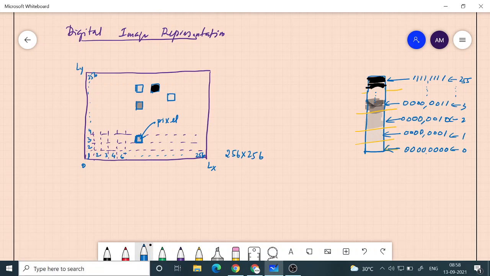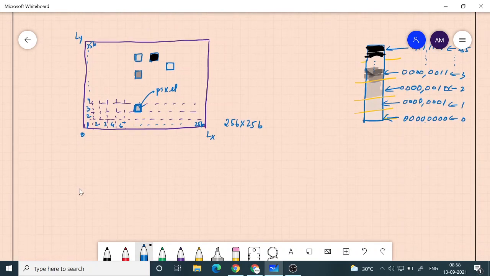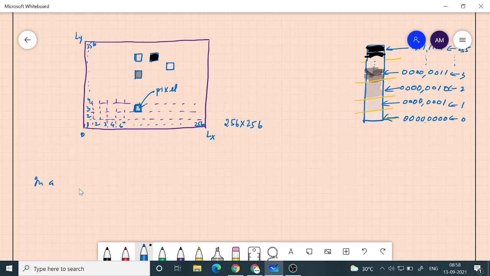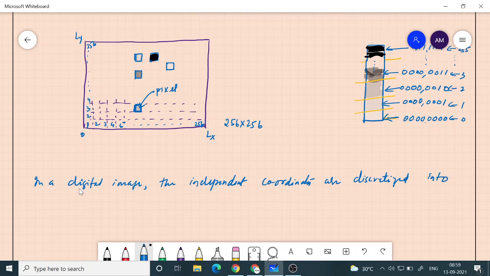In a digital image, you can see that the independent variables are discretized. In a digital image, the independent coordinates are discretized into pixels.